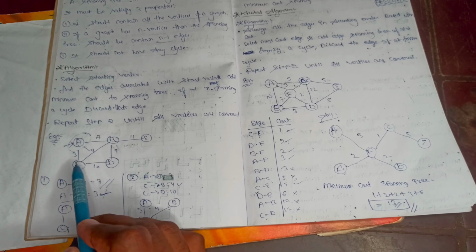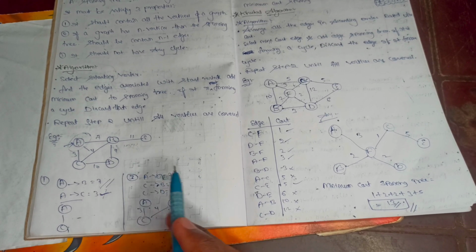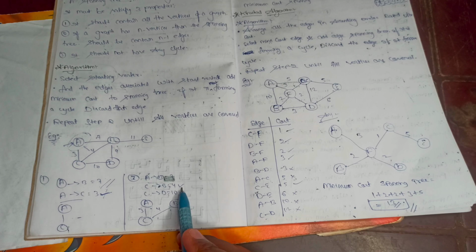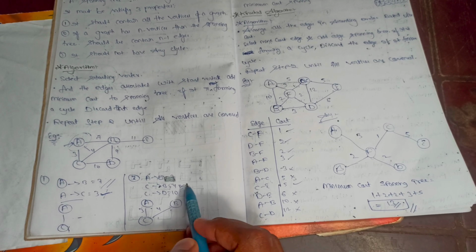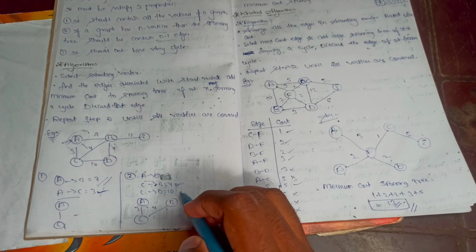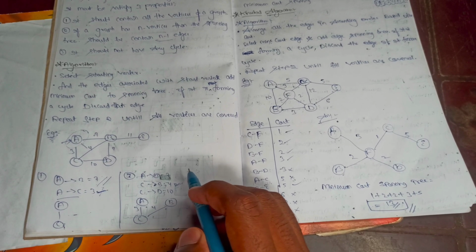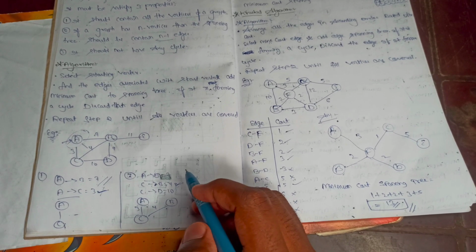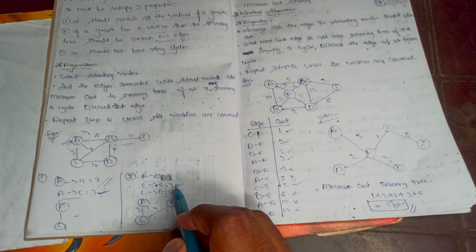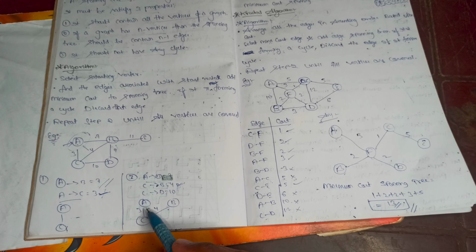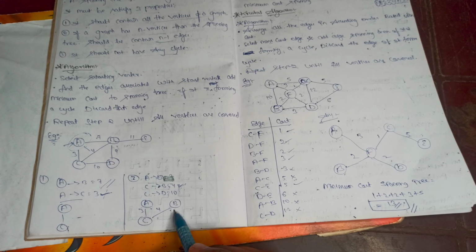So c to d and c to b. C to d is 10 and c to b is 4. Among these three, the minimum value is 4. We will consider the values and only take the minimum weight value. So here the minimum weight is 4, which is c to b. Now we will join a to c and c to b.